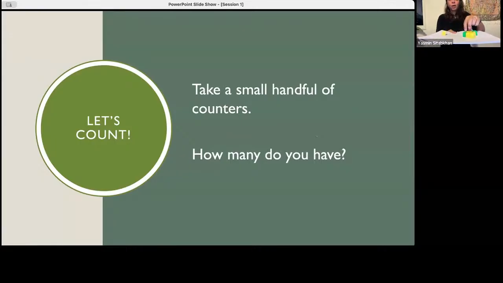So if I count 1, 2, 3, 4, right? I now have this group here. And now, if I were to ask you, how many are there? Can you guys show me with your fingers? How many are there? I see four. Yes, four. How do you know it's four?